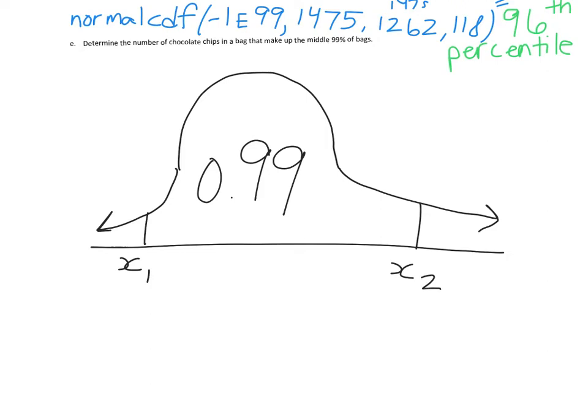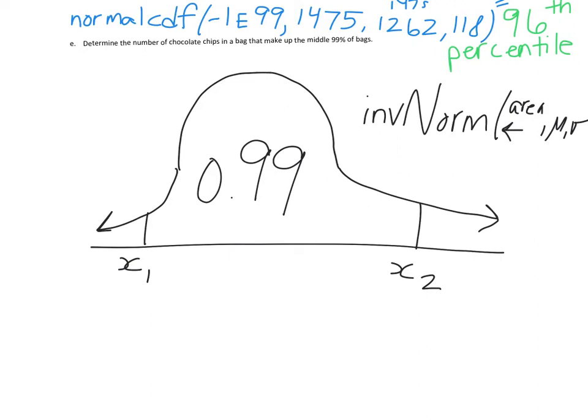So when we have area and we're finding values, we have to use inverse norm. And if you remember, your parameters are area to the left. I'll just draw a left arrow. And then the mean and the standard deviation. Okay, so we have to figure out the areas to the left. So first let's figure out what's in these tails.